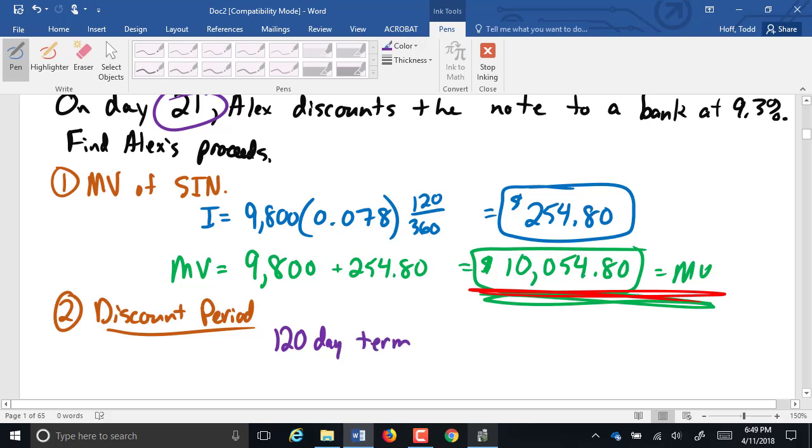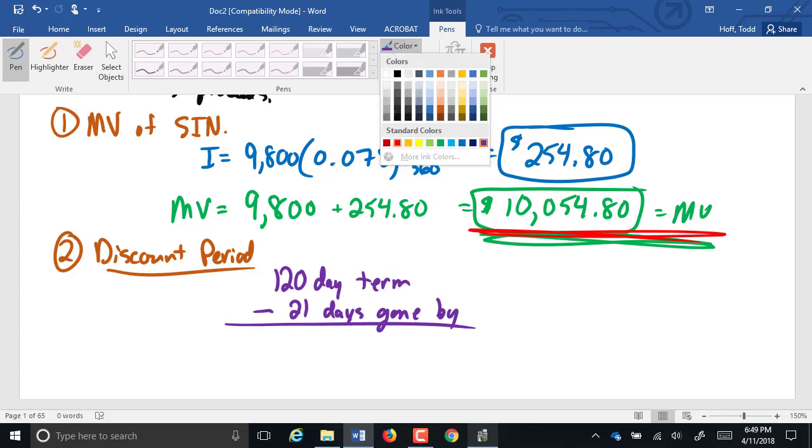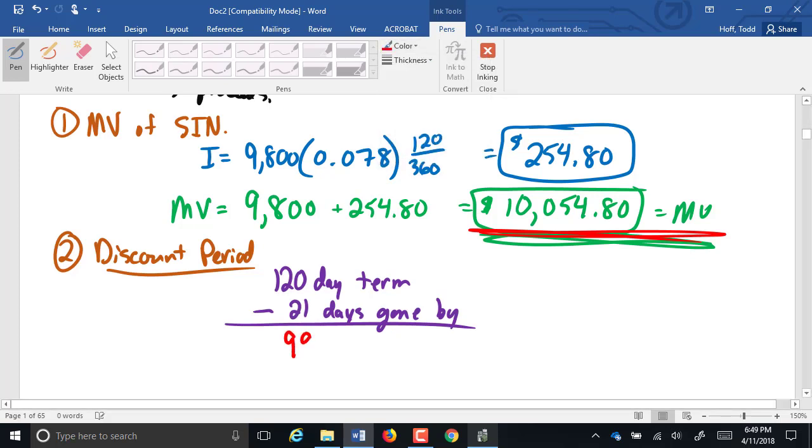We have a 120-day term, right? From that, we're going to subtract the 21 days gone by because it was on day 21. That leaves us with 120 minus 21 is 99 days left. That is the discount period, 99 days.